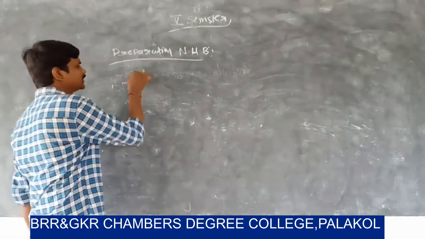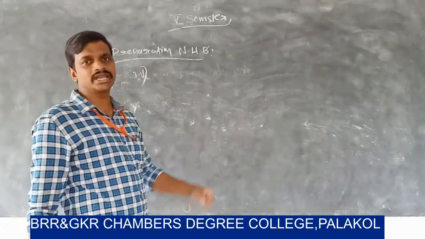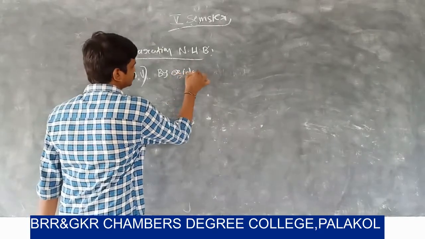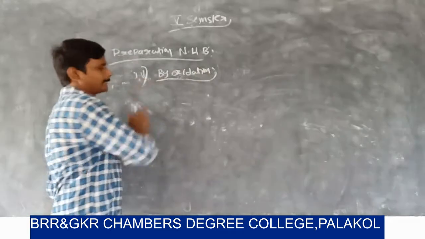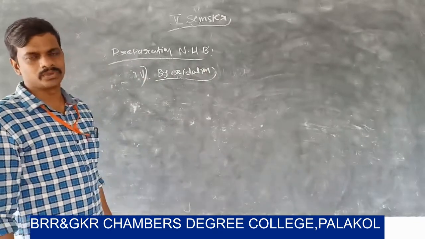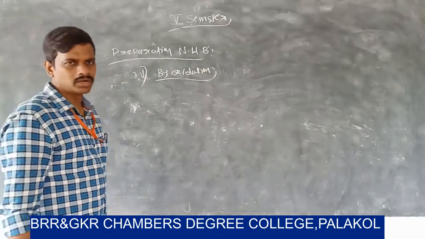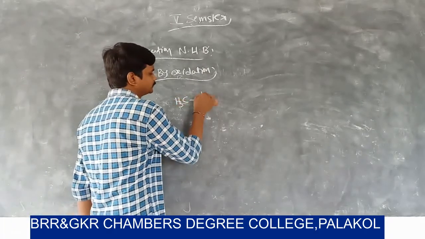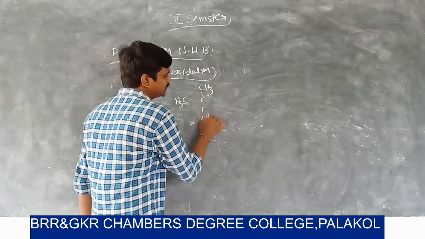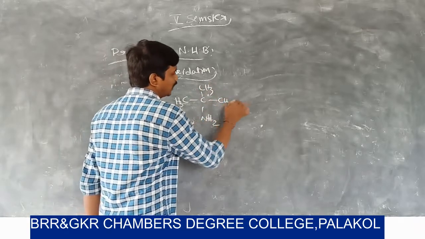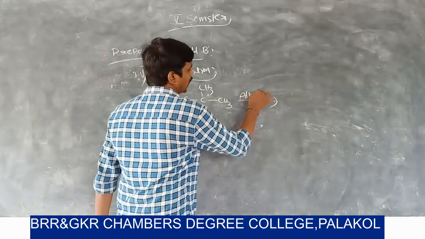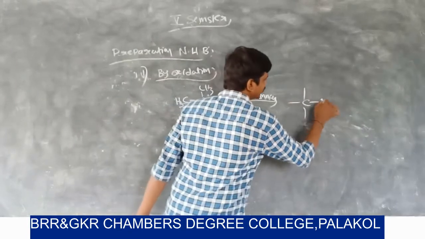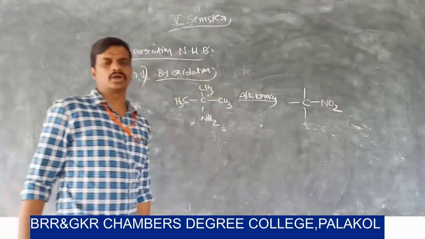Now in this fourth method, you can prepare tertiary nitrohydrocarbons by an oxidation reaction. In this method, a tertiary amine on oxidation with alkaline KMnO4 forms tertiary nitrohydrocarbon.